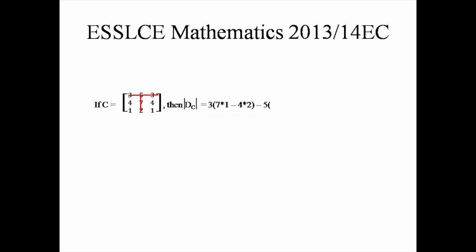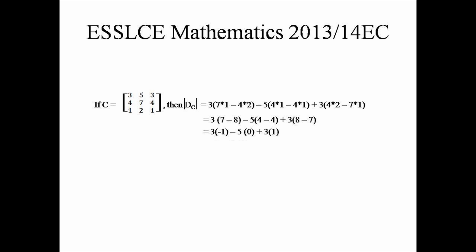Then we are left with 4 times 1 minus 4 times 1, plus the third element of row 1, that's 3 times, again here we will cross out row 1 and column 3. We are left with 4 times 2 minus 7 times 1. 7 times 1 is 7, minus 4 times 2 is 8. 7 minus 8 is negative 1.